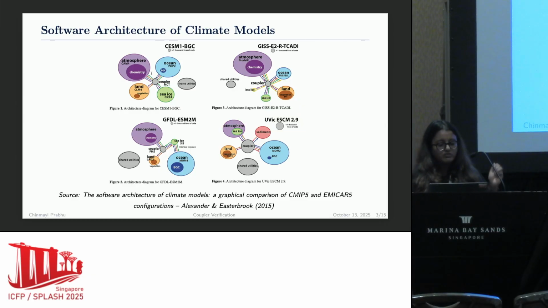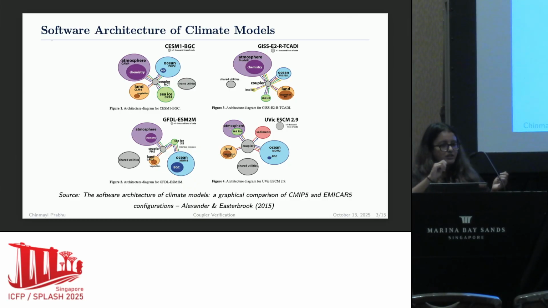Although the scientific goal of all of these climate models is similar, the architectures differ in how the model is orchestrated. For instance, in the first 3, we can see that the chemistry model is subsumed in the atmosphere model, whereas in the last one we have sea ice, which is subsumed in the atmosphere.